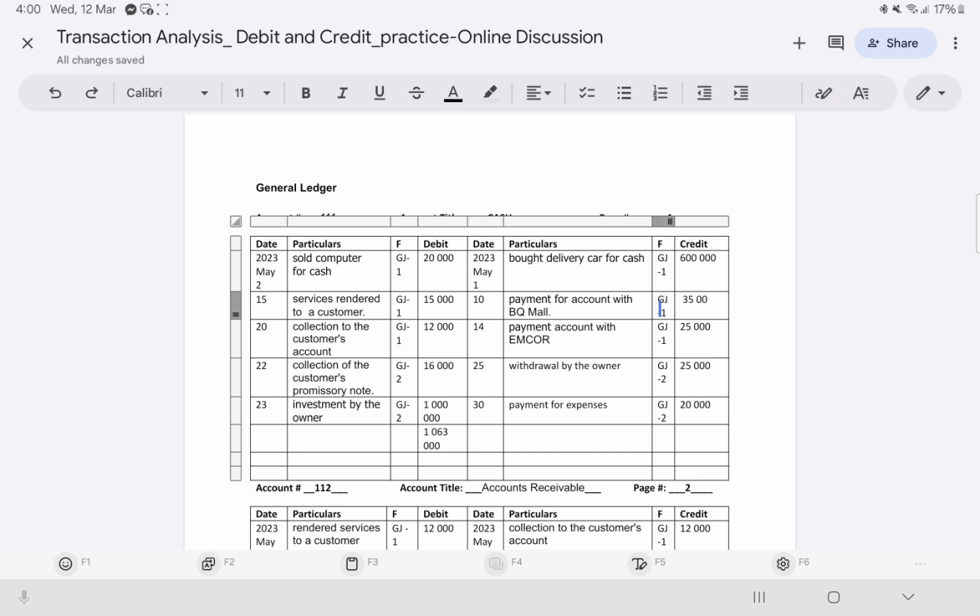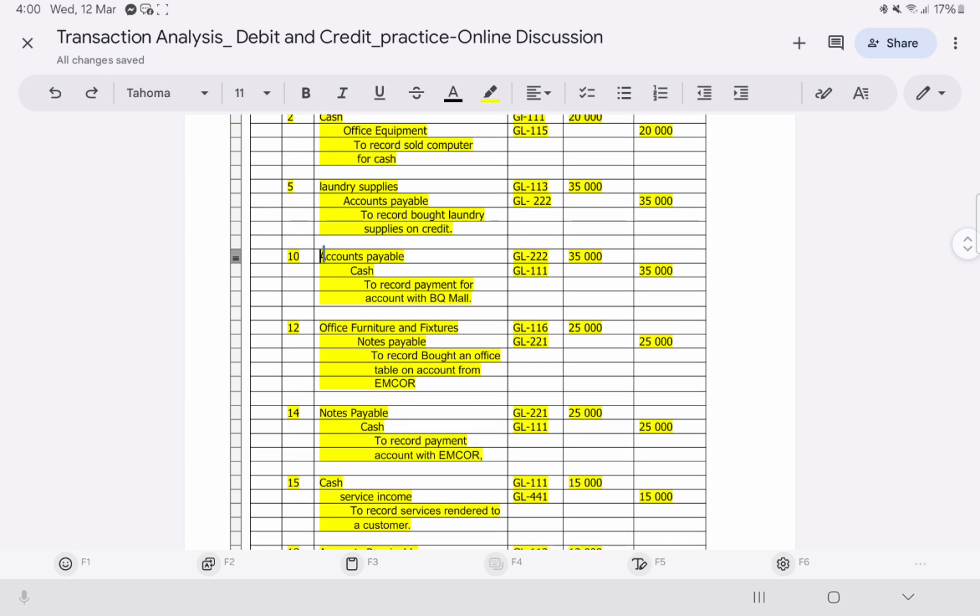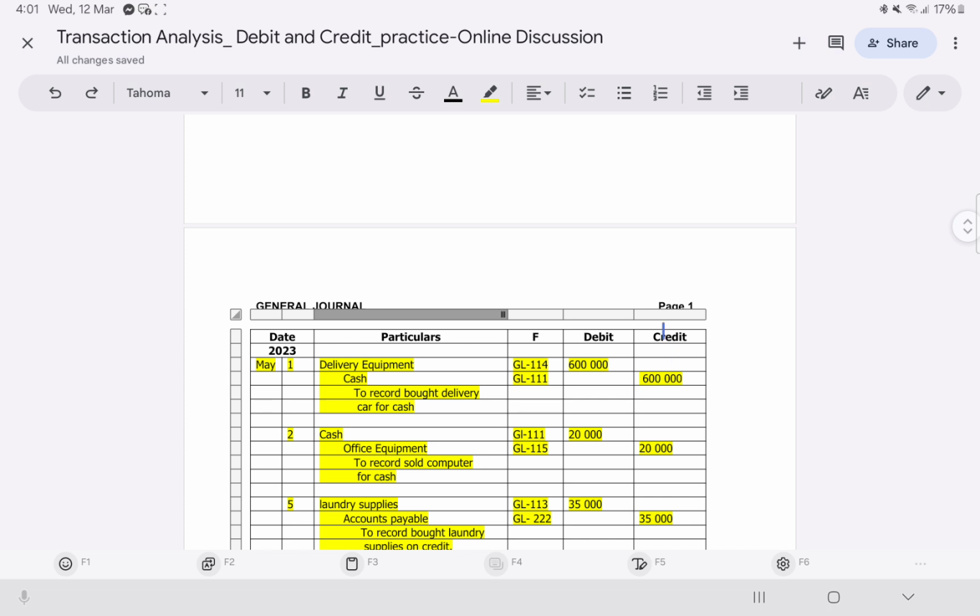That's how useful the folio number is, as a reference to your general journal page 1, for the May 10 transaction.